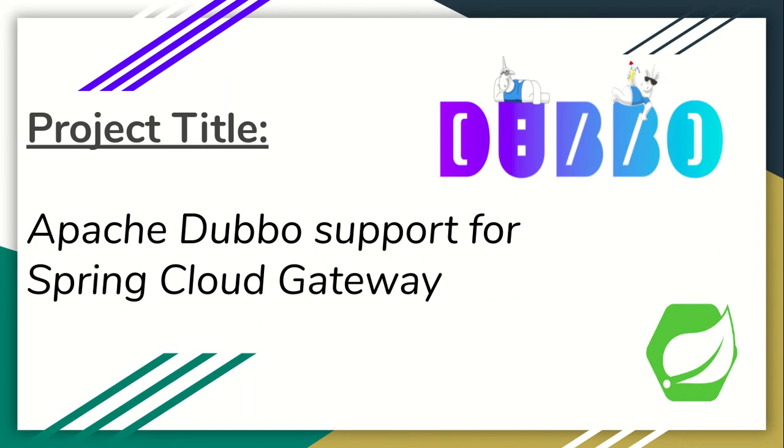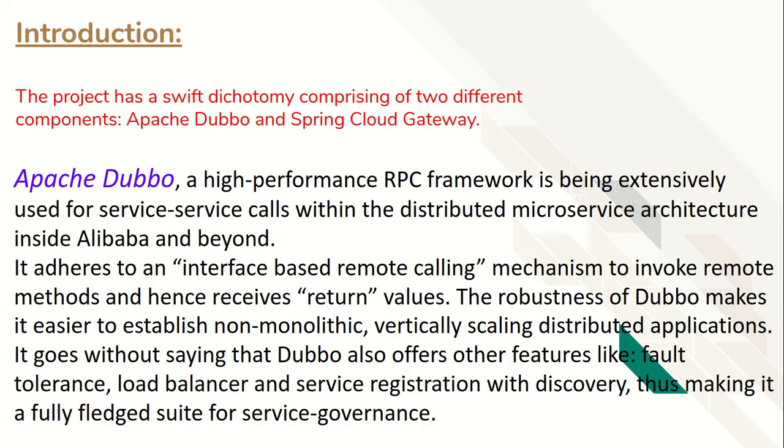And as of today, Dubbo is one of the most highly prioritized works at Apache. Dubbo is a high-performance RPC framework which adheres to an interface-based remote calling mechanism to invoke remote methods, and it's widely used within the distributed microservice architecture inside Alibaba and beyond.